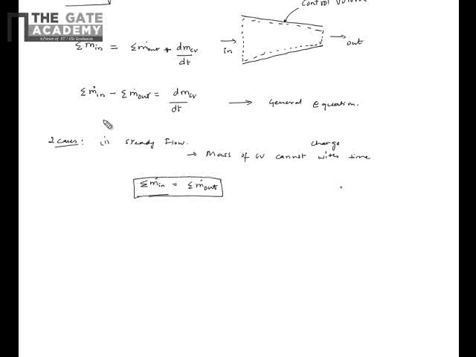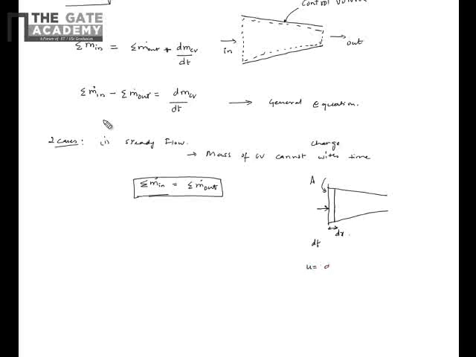Now, how do you find the mass flow rate if there is only one inlet? Let's say this is the inlet and the cross section is A. Now in time dt, the mass that is entering has traveled dx. So what is the normal velocity, or the horizontal velocity?